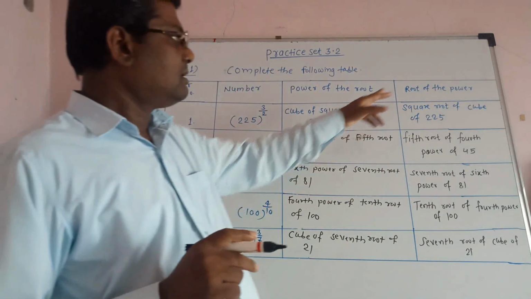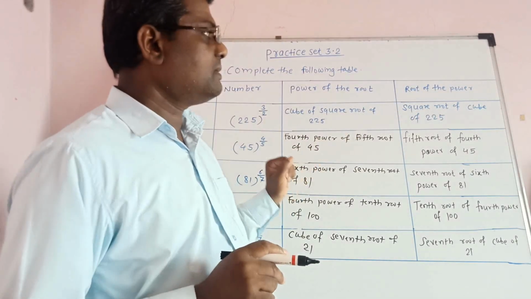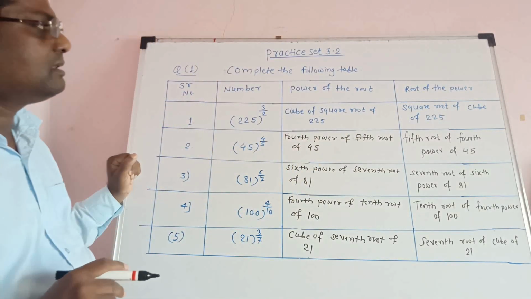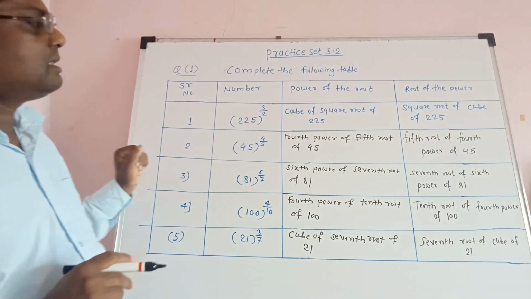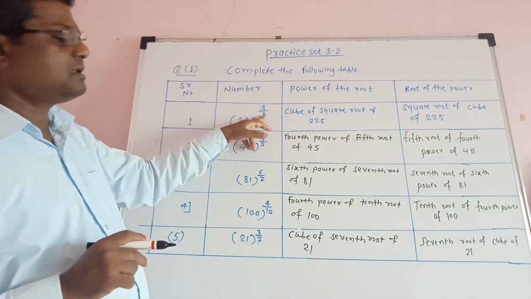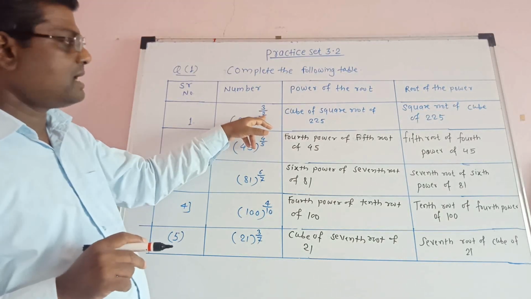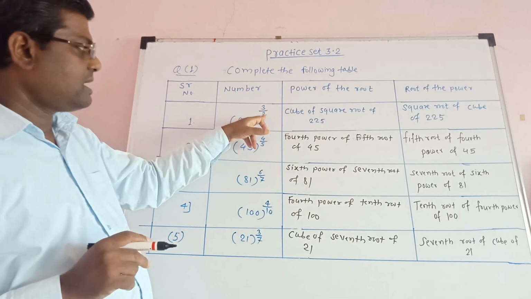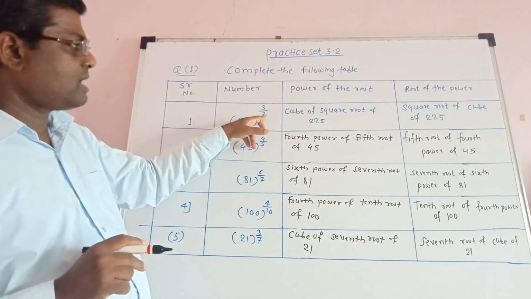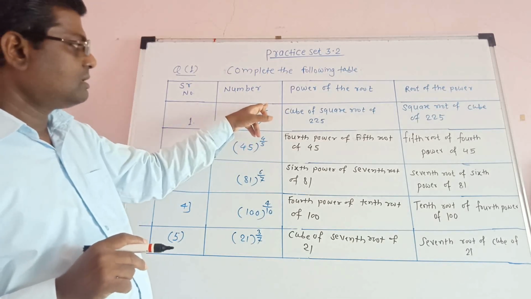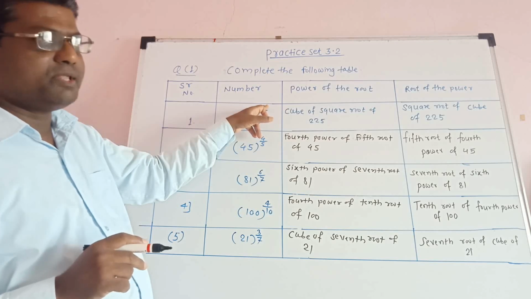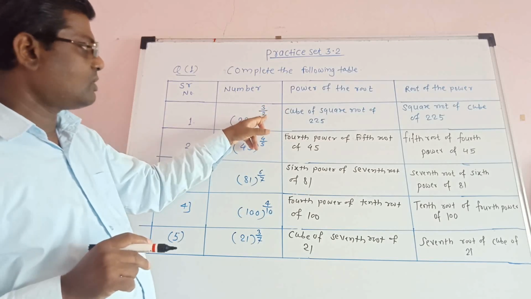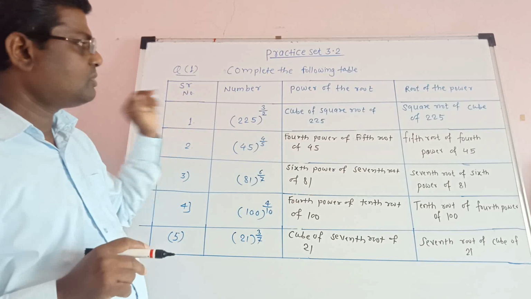So if we have to write in the form of power of root, take power at first. And root of the power, if we have to write it in the form of root, then take the number in the denominator at first. This is second root. Second root means square root. Square root of third power. Third power means cube. So square root of cube of 225.